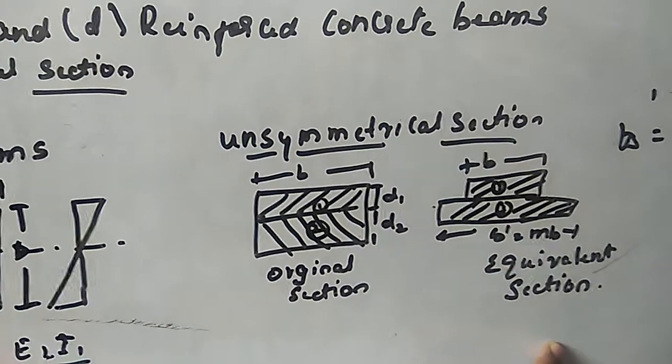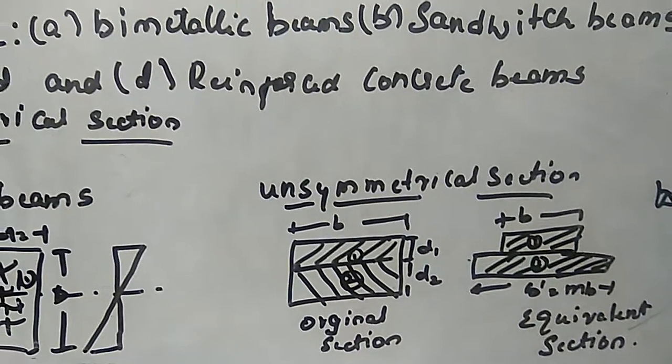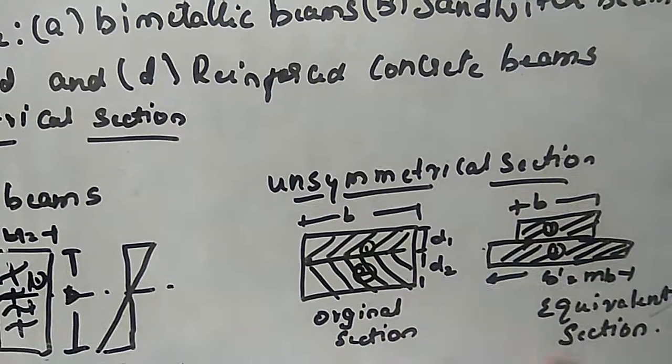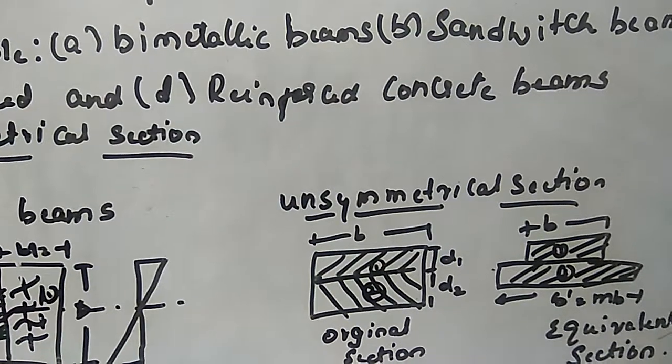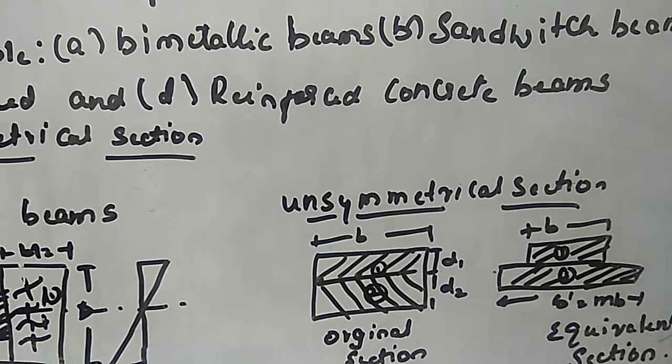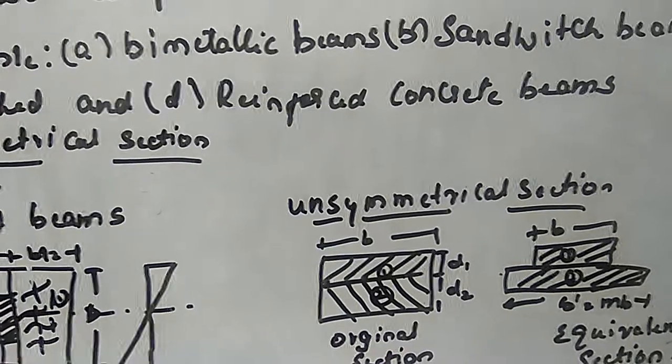Using this equivalent section, you already know the moment M2 is equal to f2 into Z2. If M1 dash and Z1 dash are the moment of resistance and section modulus of the equivalent section of plate 2, we have M1 dash is equal to f1 Z1 dash.